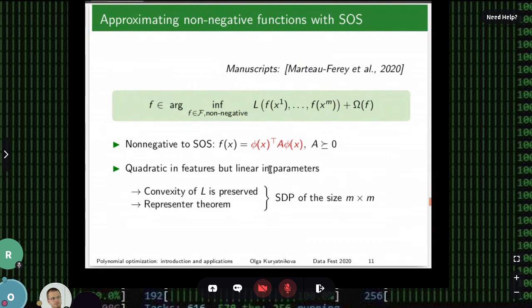And independently of how many features we had initially, this SDP matrix is always of the size, the number of observations by the number of observations. Of course, the number of observations can be huge, and this SDP can be huge, but it is interesting that this representer theorem still exists, which is, again, very similar to the linear case. And it is interesting that the size is still bounded independently of how many features you have here.